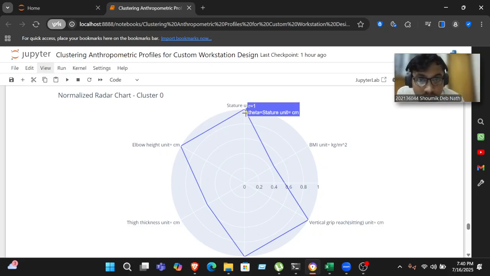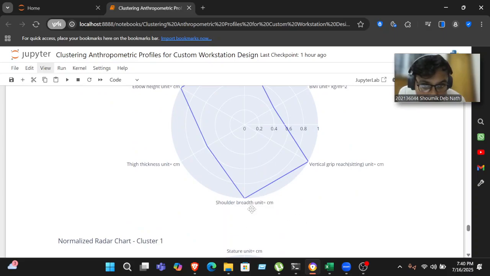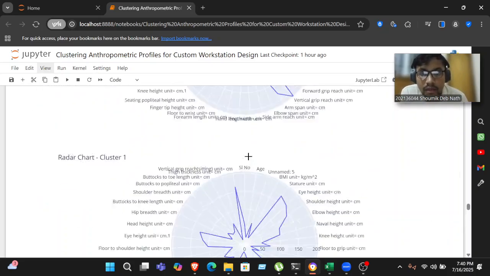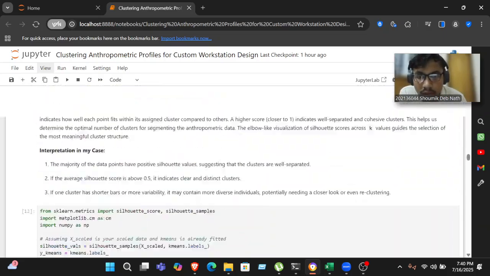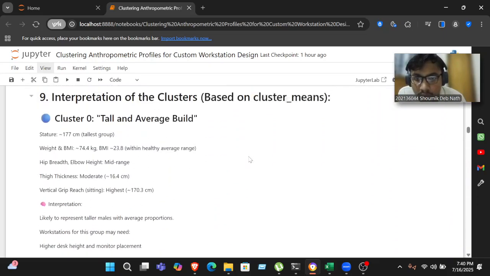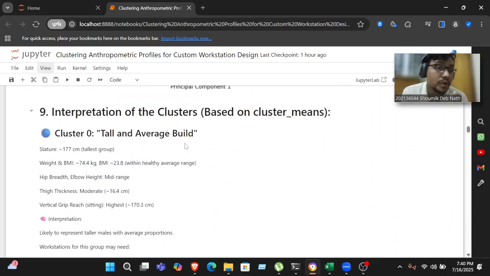The stature is maximum, elbow height is maximum, and the shoulder breadth is also maximum, along with the vertical grip reach. So it indicates what I talked about previously, the tall and average build.